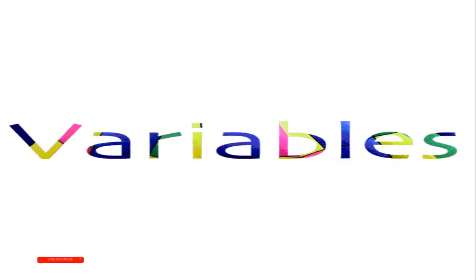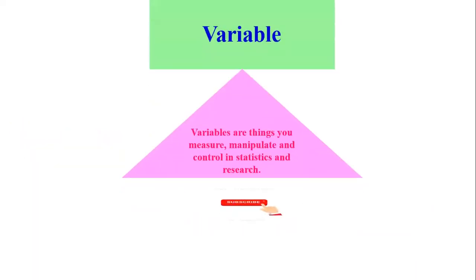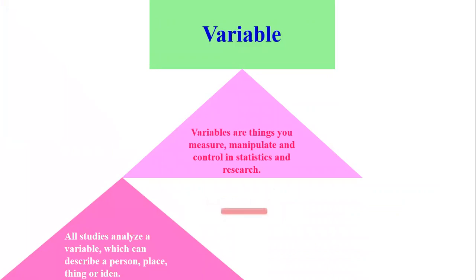What is meant by variable? Variables are the things you measure, manipulate, and control in statistics and research. Anything which is changing with the passage of time is called a variable in the simple sense, right? Variables are things, either organismic or non-organismic.